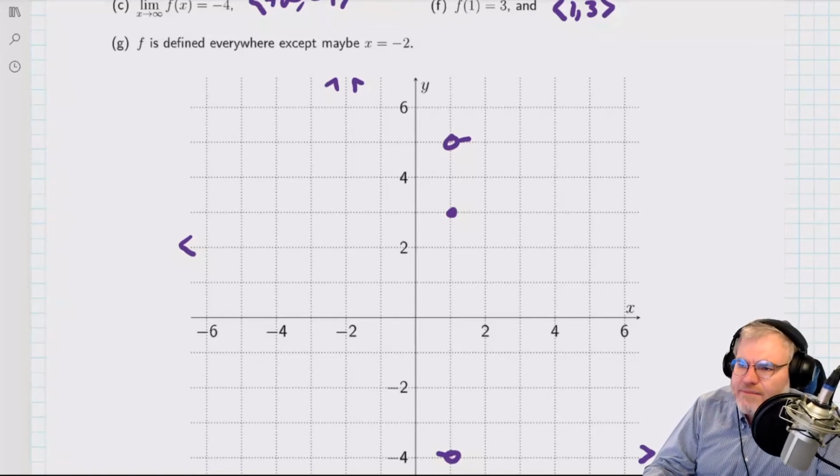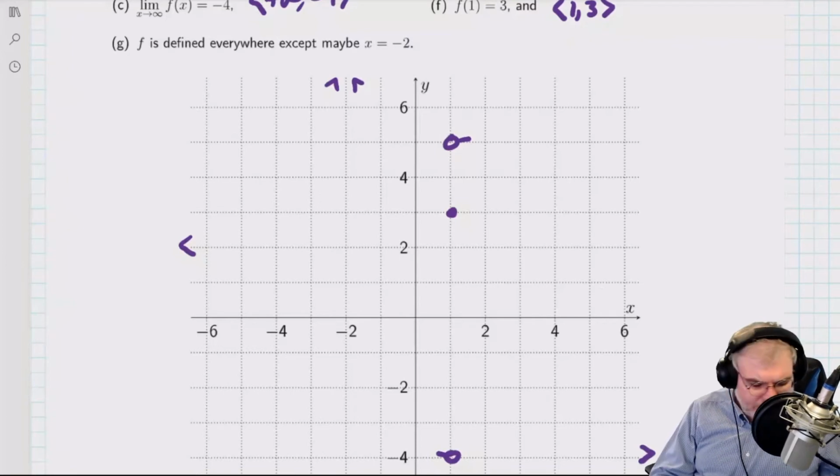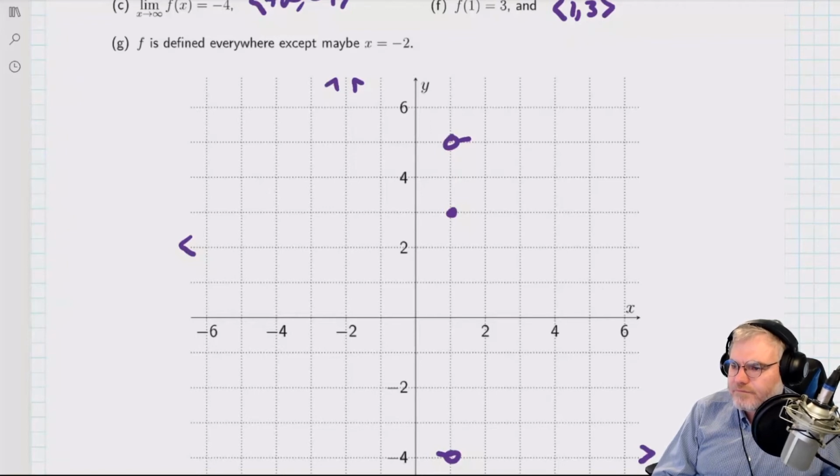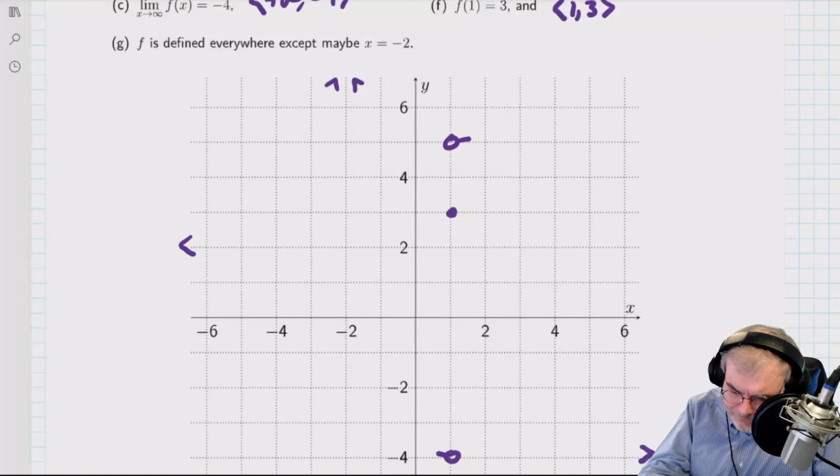Now what I'm going to do is just connect the dots, okay? I'm going to do it from left to right in a way that doesn't violate my vertical line test.